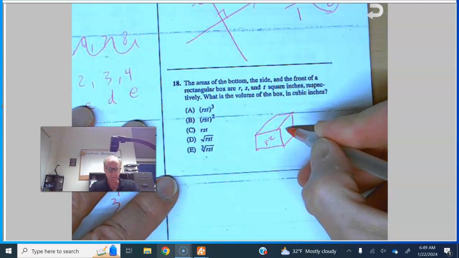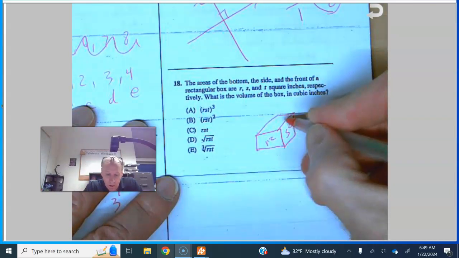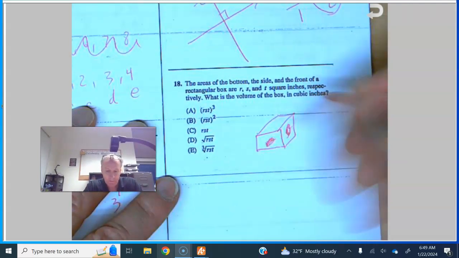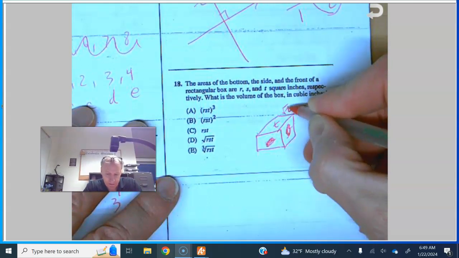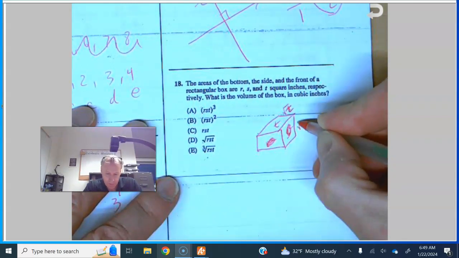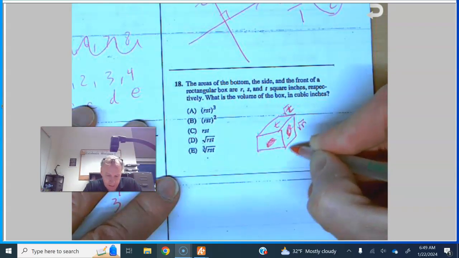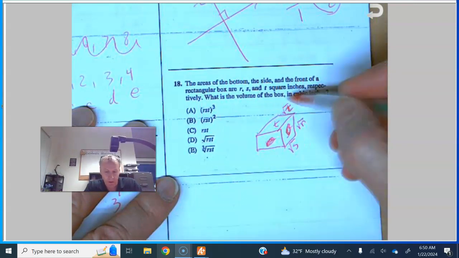This is S squared. And this is, oh no it isn't, sorry. This is T, so this is the square root of T. This is the square root of R, and this is the square root of S. And what we want is the volume of the box.